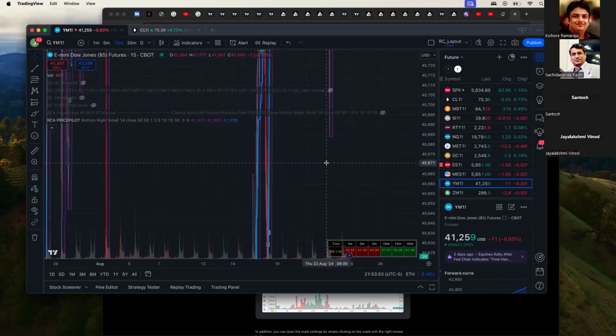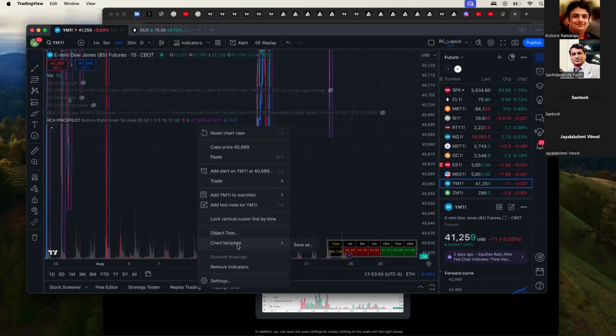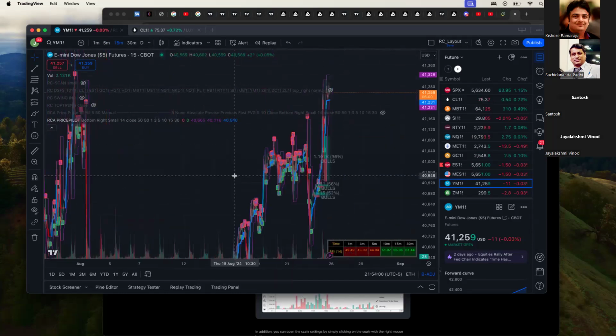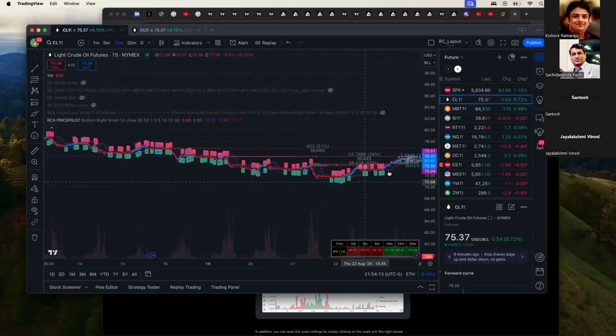Maybe just raise a ticket with TradingView support. They do have customer service. This issue happens only with the larger one, and if I move to crude, the scale is very small now, so it's not adjusting automatically.